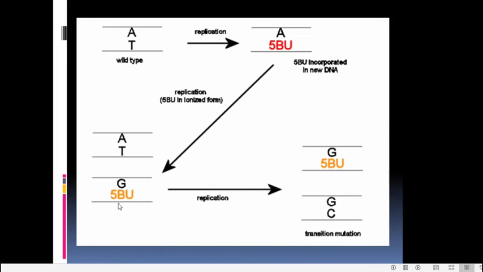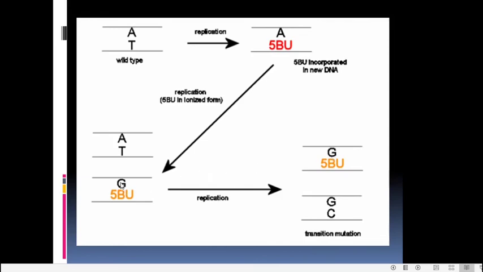Now we will go to the next replication, where this 5-bromouracil forms one template and G forms the other template. This 5-bromouracil will base pair with G in the next replication. Suppose it is again converted to the keto form, it will base pair with A. That can also happen. If it exists in the enol form, it will base pair with G, whereas if it is again reverted to the keto form, it will base pair with A. But what happens to this G?